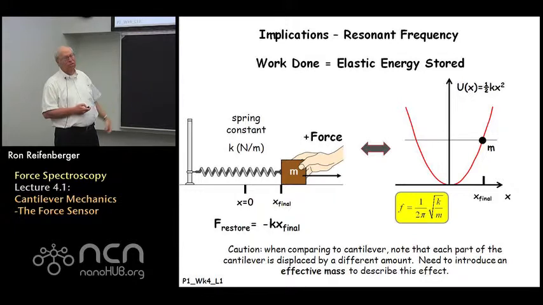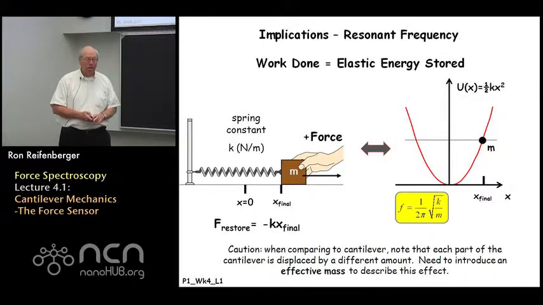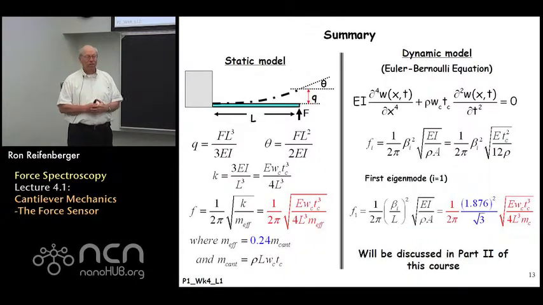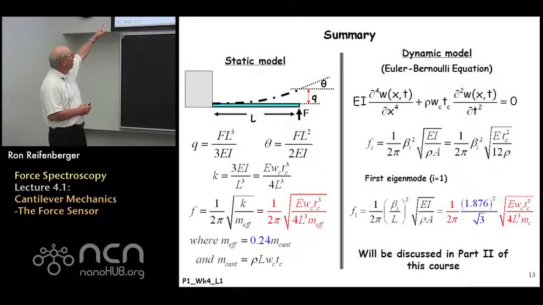And the reason it has to change is because not all the mass of the cantilever is oscillating through the same amplitude. So it shouldn't be too surprising that if you try to calculate the resonant frequency that a cantilever will oscillate at, you need an effective mass in the denominator of this standard expression. So to calculate the resonant frequency of a cantilever beam, you have to insert an effective mass.